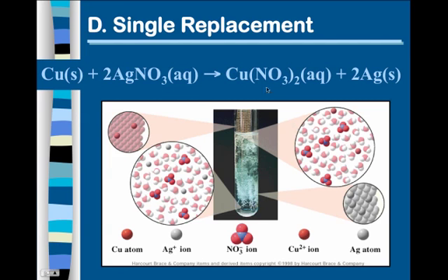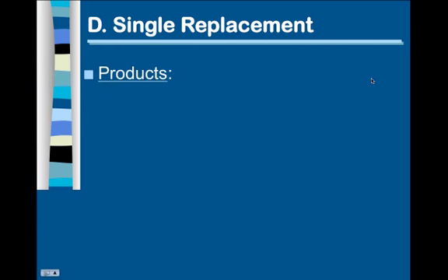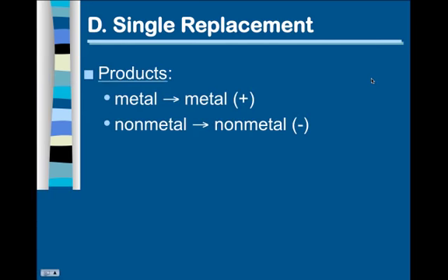Just like in here, your copper is taking the place of the silver and the silver is coming off. The products in a single replacement: a metal is always positive and a non-metal is always negative, therefore they must take those individual places in the new compound. A metal must be the positive part and a non-metal must be the negative part.